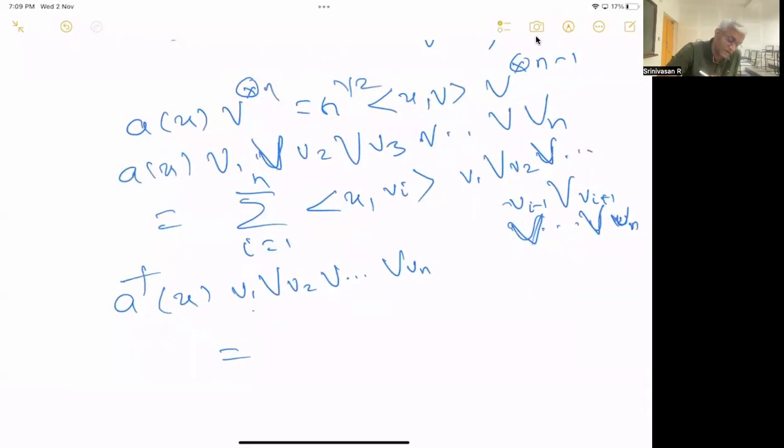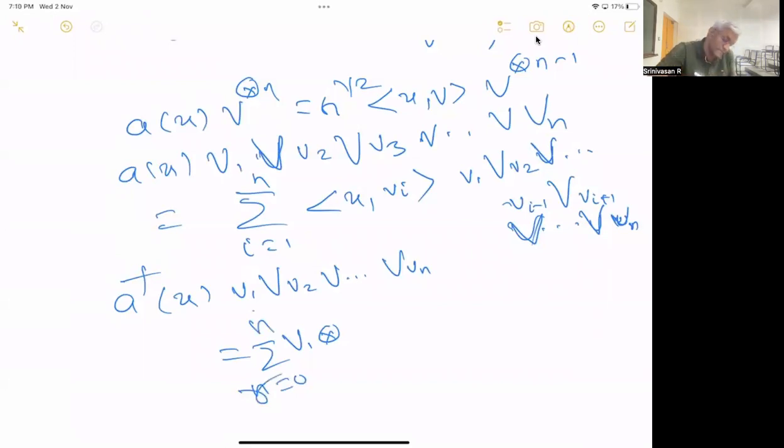So A dagger acting on that is just the symmetrization. You just attach that U and take the symmetrization, which is precisely V1 tensor U, summed over r equal to 0 to n. There will be n plus 1 terms, no?